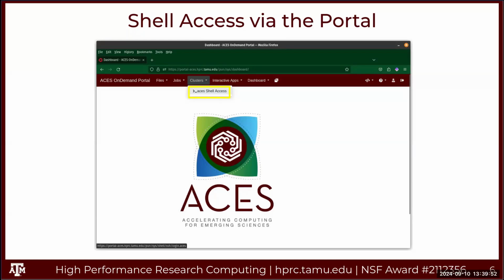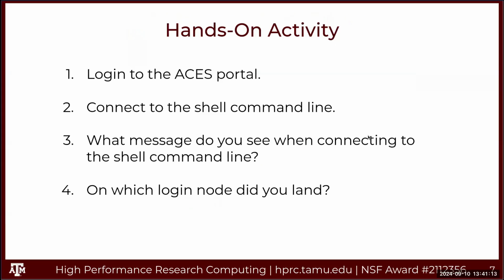All right, we have one person connected. And when you connect, you'll see this ACES logo, and you'll see the portal menu. We'll give everyone another minute to connect. Someone else is connected. Another person connected. If you need help connecting to the portal, you can leave a message here in the chat, or if you want to unmute yourself, you can ask a question. All right, we're going to go ahead and move on.